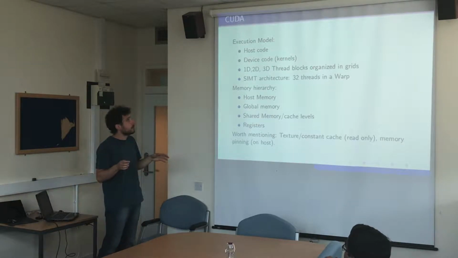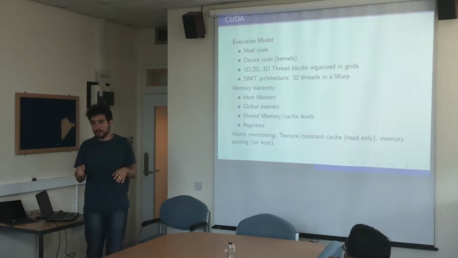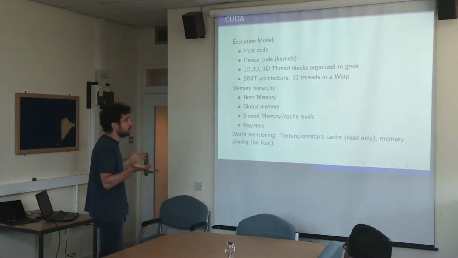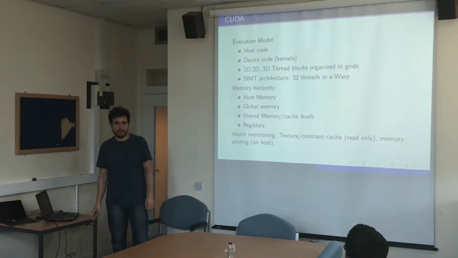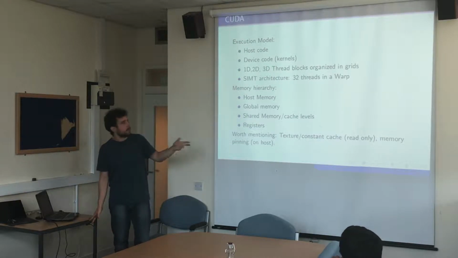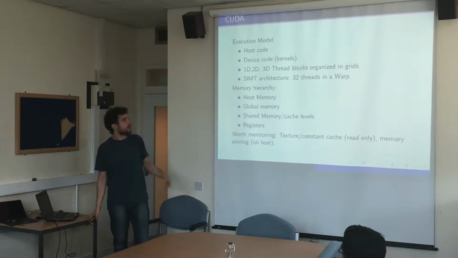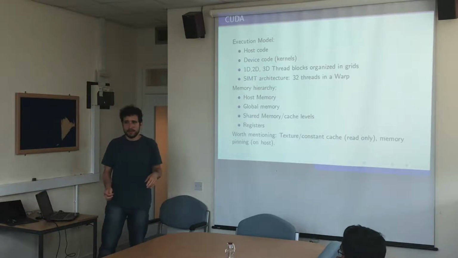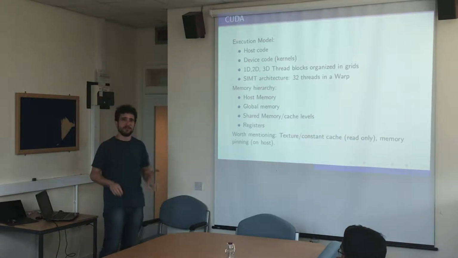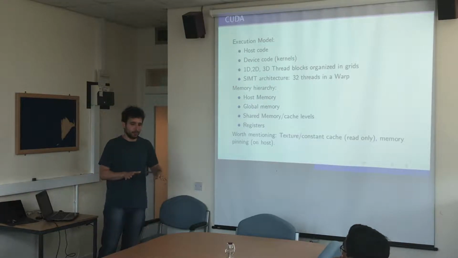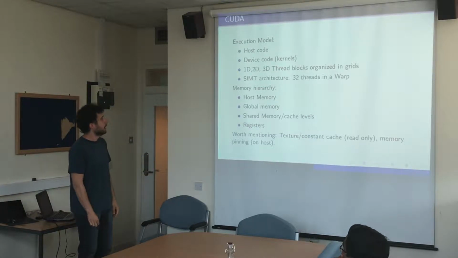Personally, I've always used just 1-dimensional grids, but I think there can be an advantage in using higher dimensional grids and setups, because this can actually help with data reuse, especially if you have some kind of a lattice or a 2-dimensional or 3-dimensional domain that you need to process and so on.